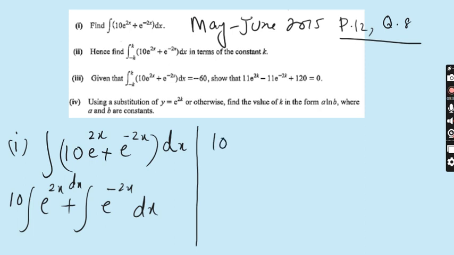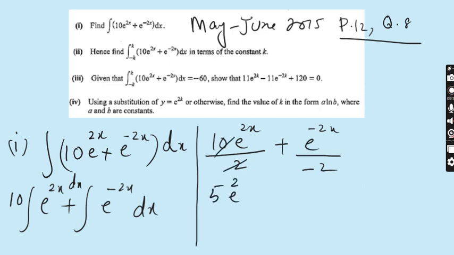The integration of e power 2x is e power 2x upon the derivative of 2x, that is 2, plus the integration of e power minus 2x is e power minus 2x upon the derivative of minus 2x, that is minus 2. 2 fives are 10, so 5 e power 2x minus 1 upon 2 e power minus 2x plus c.